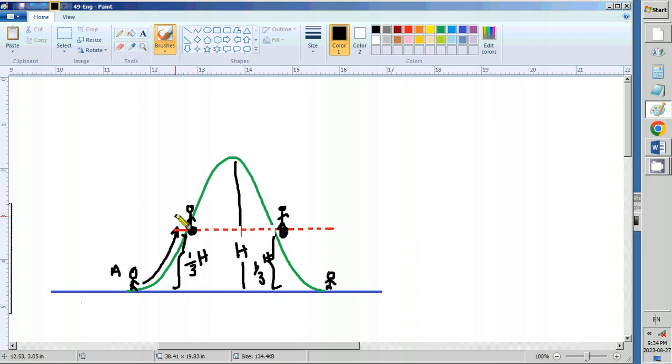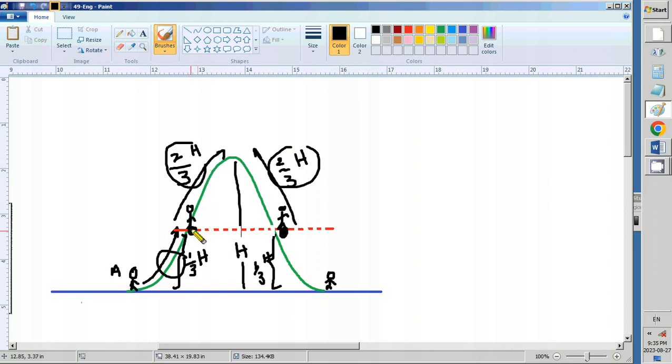So they have to climb another 2/3 of the total height. So this one also has to climb up another 2/3 of the total height. If the conditions are like that, that means the distance that they had passed, both of them is equal, and the distance they have to climb is also the same.